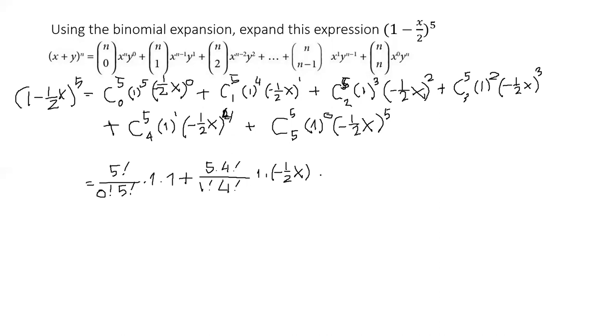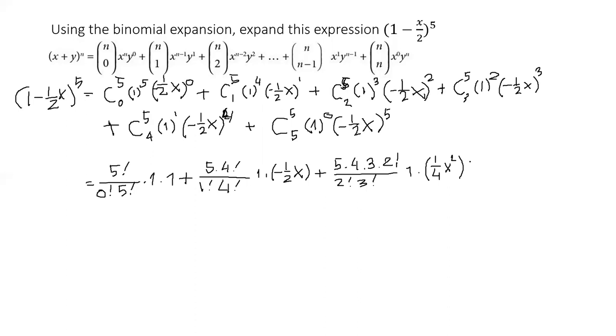Okay, and plus combination 5, 2, it becomes 5 times 4 times 3 factorial over 2 factorial times 3 factorial, because 5 minus 2. 1 cubed equals 1, and negative a half x squared becomes a quarter x squared.